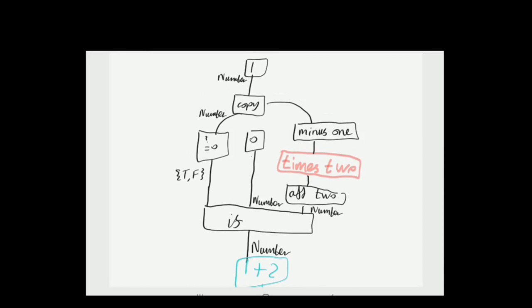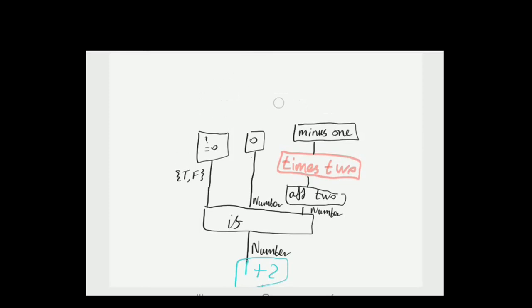And so again, we're copying the 1. One minus 1 is 0. We know that 1's not equal to 0, so this is just false.